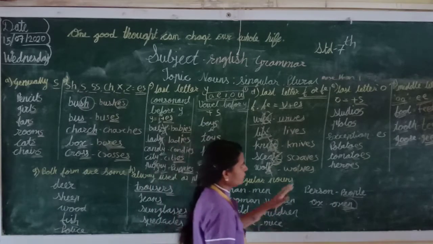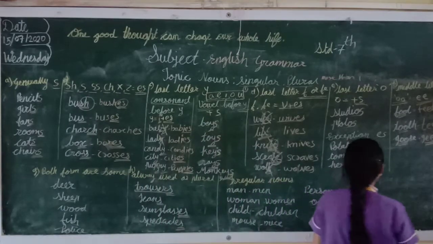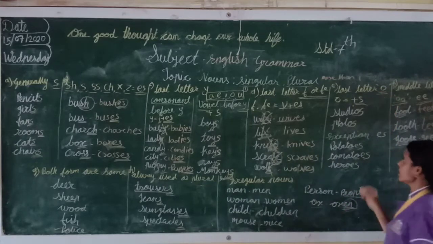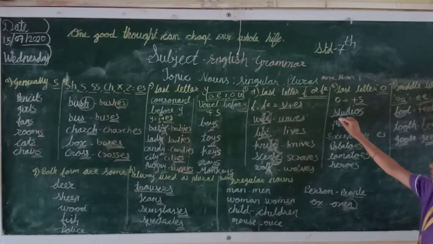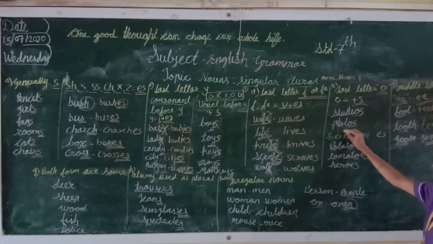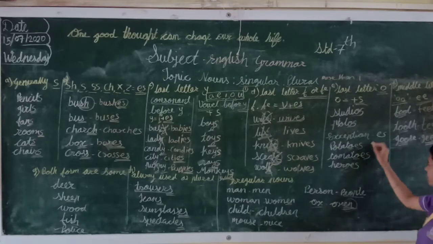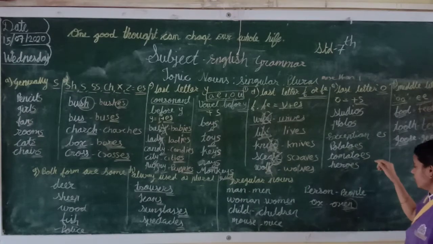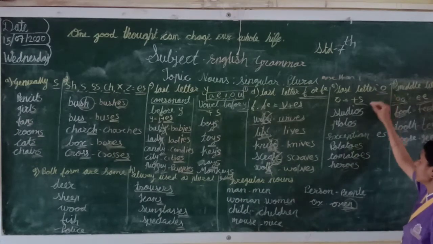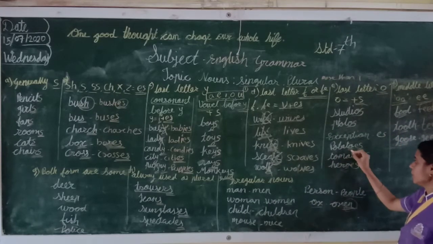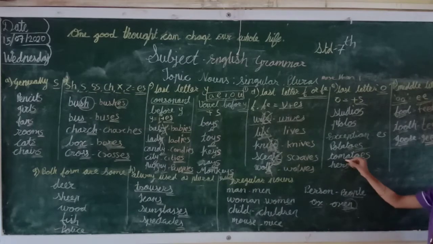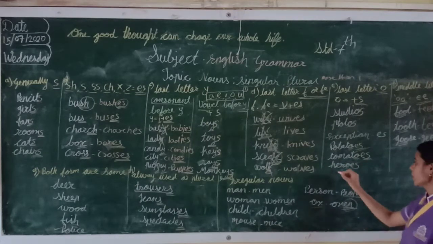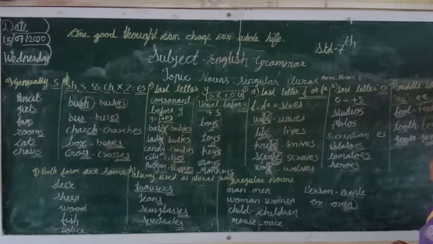Now when the last letter is O, what will we do? When the last letter is O, just we join only S. Studio, studios. Photo, photos. But students, some words are exceptions. For those words we can't apply these rules. Like potato, potatoes. We have to join ES. Tomato, tomatoes. Hero, heroes.